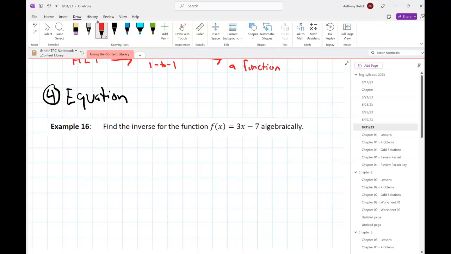My first step is going to be rewrite my equation with a y instead of an f of x. Well, that's pretty easy, Mr. Kulik. The next step is going to be get the x by itself. This is the one where the algebra can be very different depending on what your function looks like. In this case, to get the x by itself, I need to first, what?